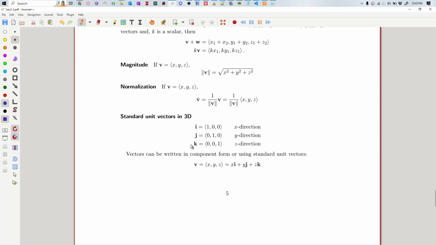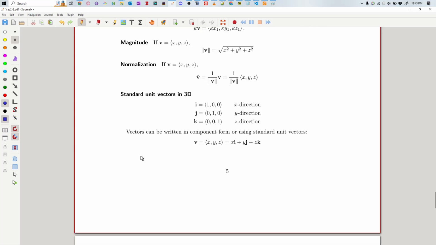So we use the letter k to stand for the unit vector in the z direction, and it has components 0, 0, 1. And just like in 2D, in 3D, we have two different ways to notate vectors. We can use this angle bracket notation, or we can use this notation that involves the standard unit vectors.